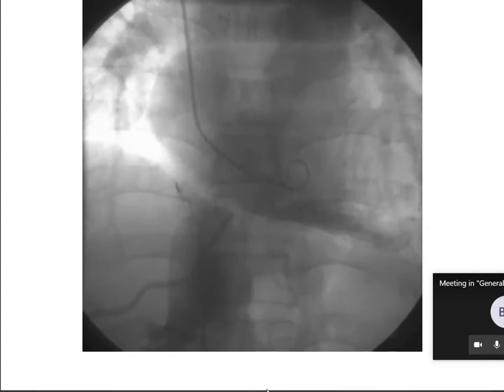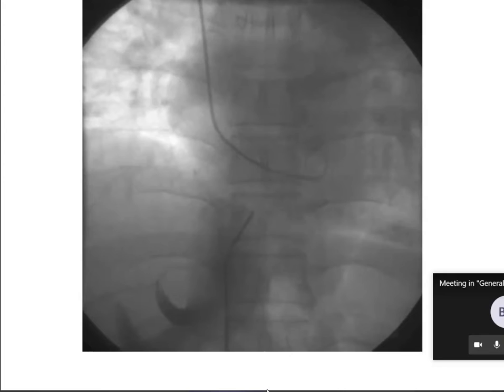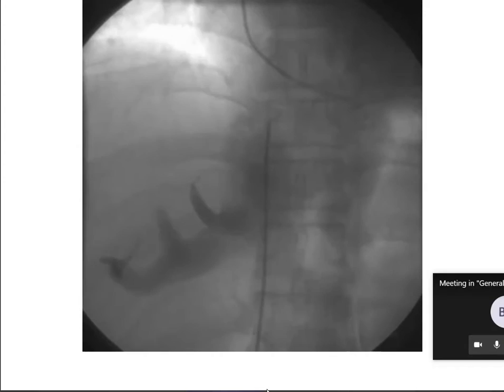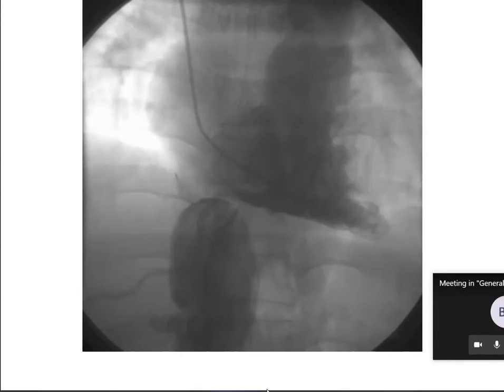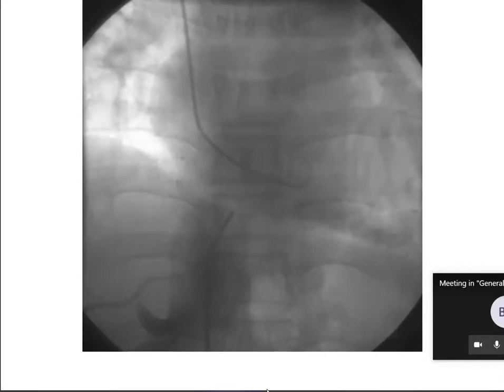What happens subsequently? What is the consequence? Passive dilatation of the IVC, sir. Yes, you can see that the IVC is dilated, the hepatic veins are dilated and so on.